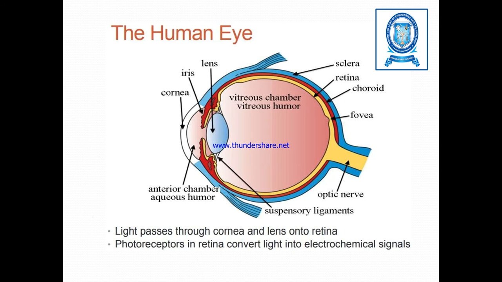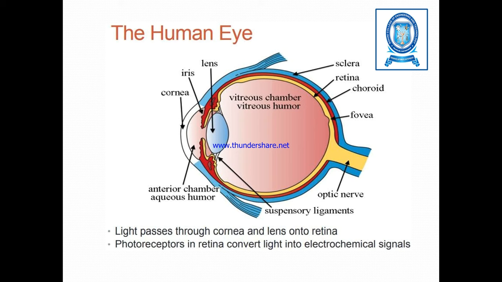As you see, it is very clear in the picture. It has an anterior chamber with aqueous humor, and then the cornea, the iris, and the lens. On the right side you can see the sclera, retina, choroid and fovea.